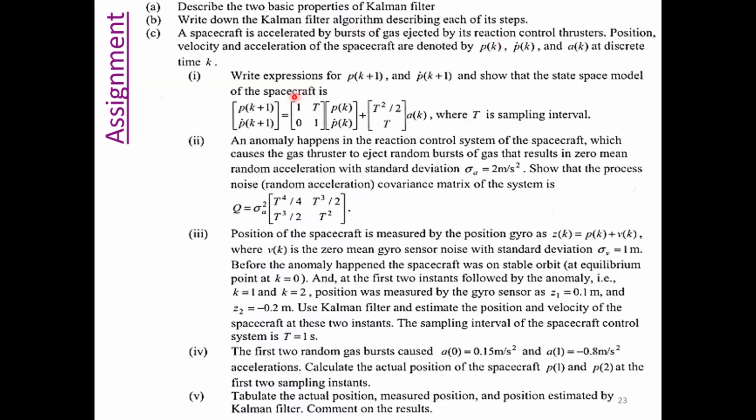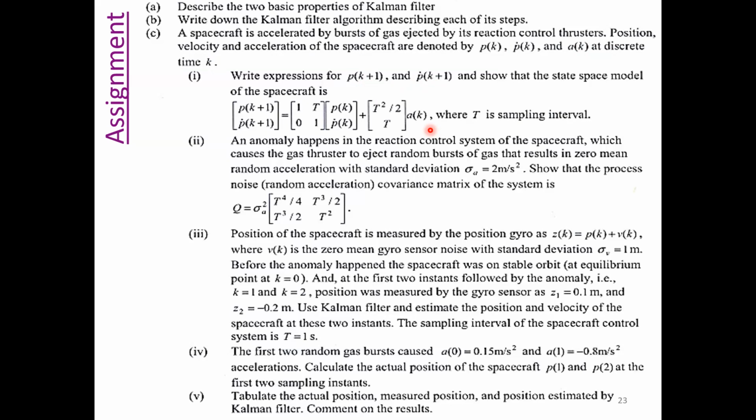So you're asked to write expressions for p_k+1, the position at k+1, if you know the position at moment k and the velocity, and show that the state space model of the spacecraft is this. In fact, to help you, the discrete state space model is actually given here, but you are supposed to derive it.